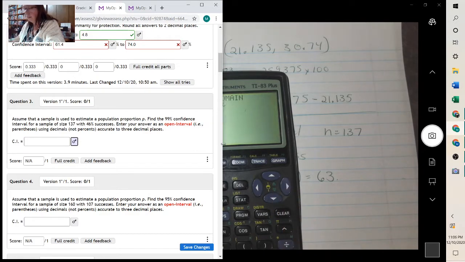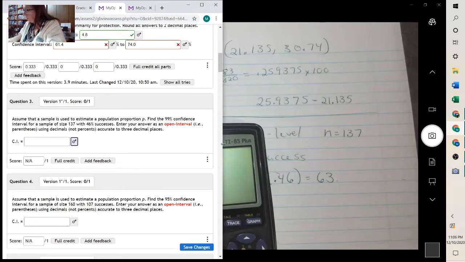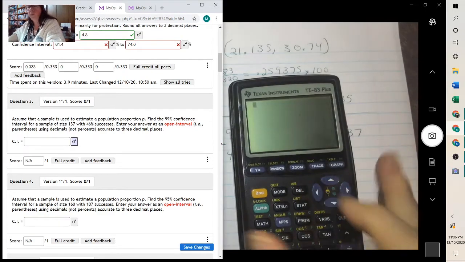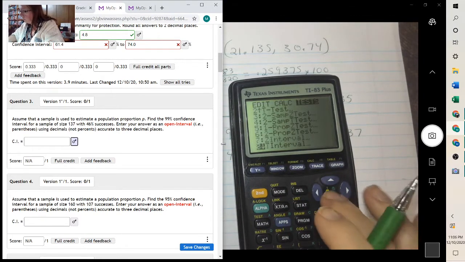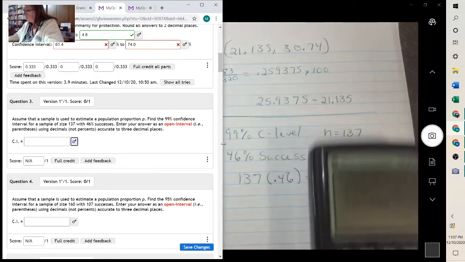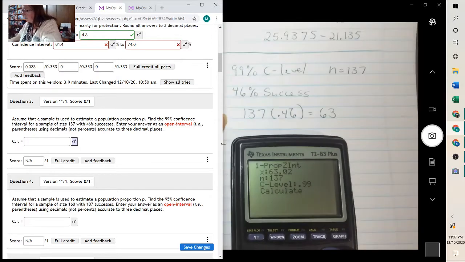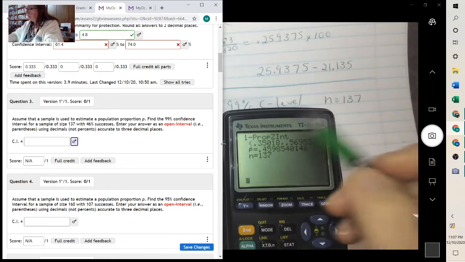It will give us an error because you have to use an integer. So it was 63. 137 was the size, 99% confidence interval, and there you go.